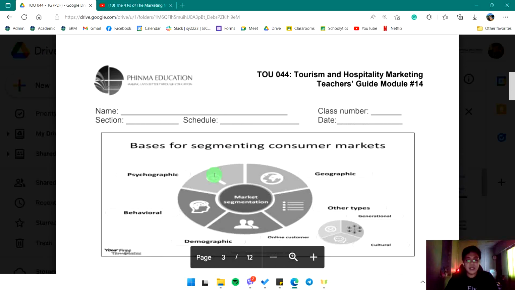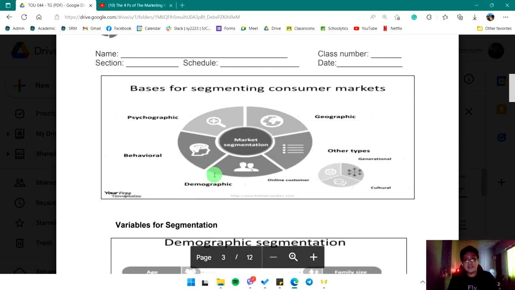Proceed tayo dito sa, ayan, basis for segmenting consumer markets. So these are the categories or the segments that we have when we do market segmentation.